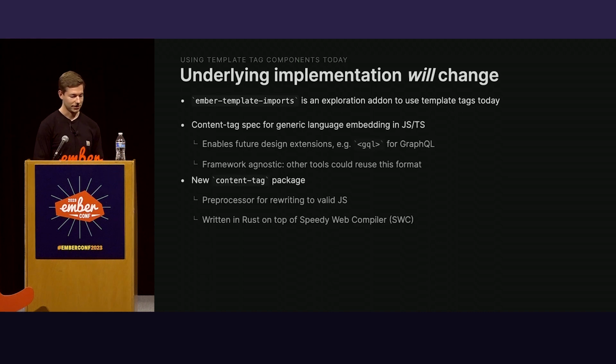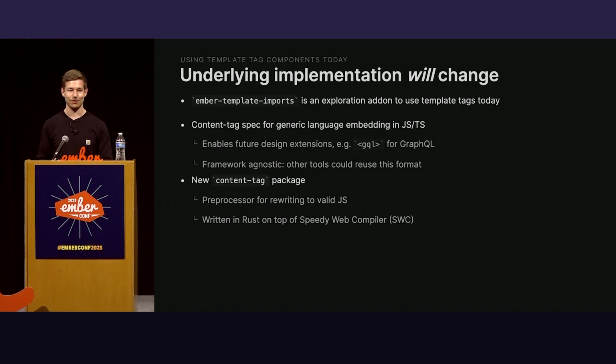So there's also the content tag spec, which is a more generic way of embedding languages within a file format. Currently we have a template that you can embed, but why don't we enable that for different languages, for example GraphQL? If you want to embed that in a language, you could also do that. And in a sense, it's also framework agnostic, similar to how JSX is not tied to React.